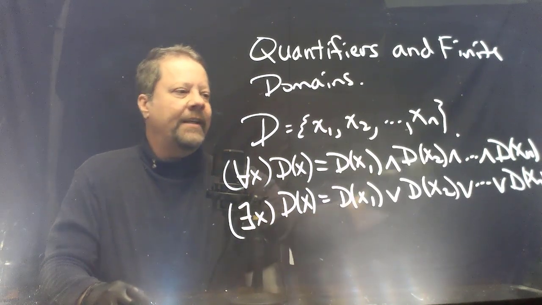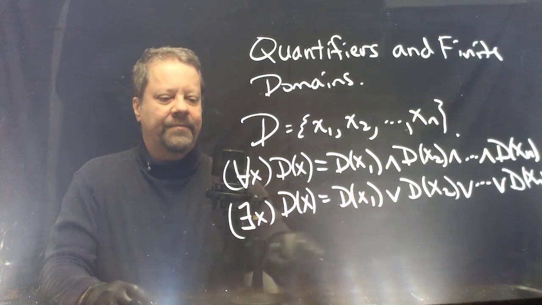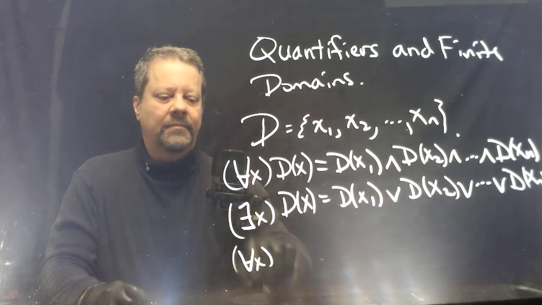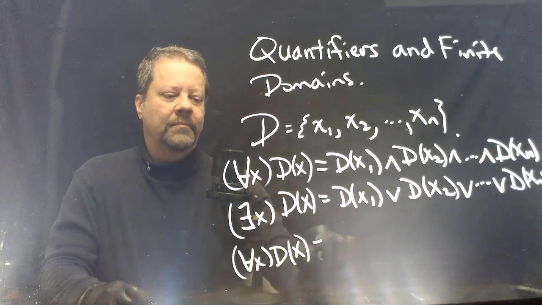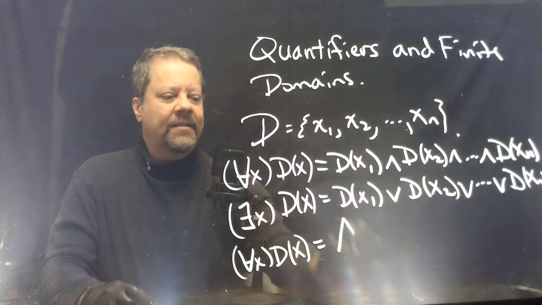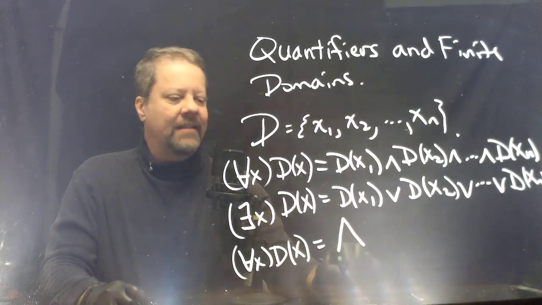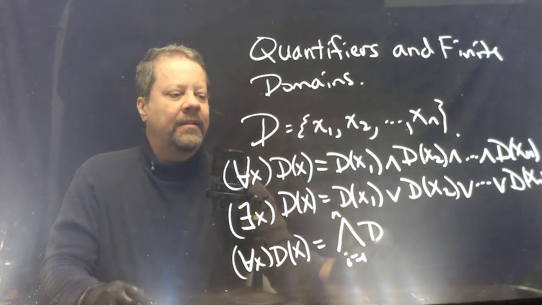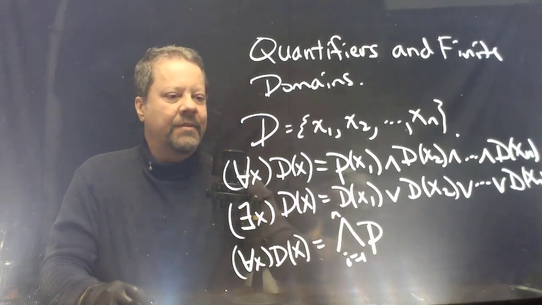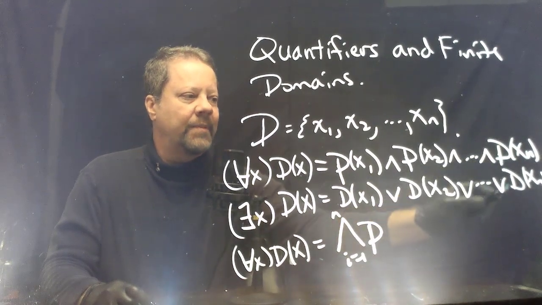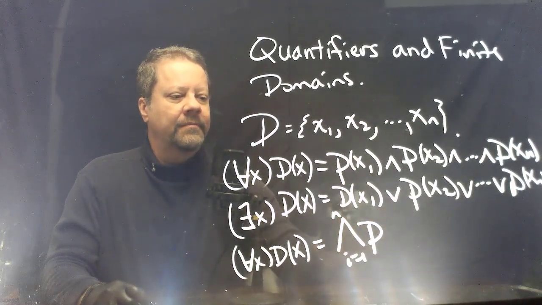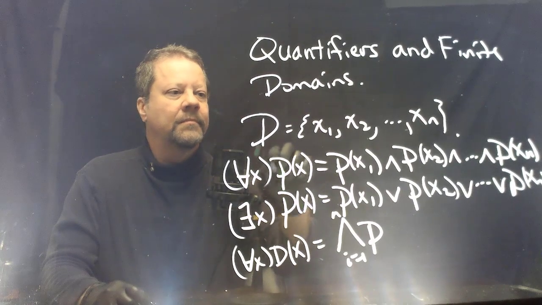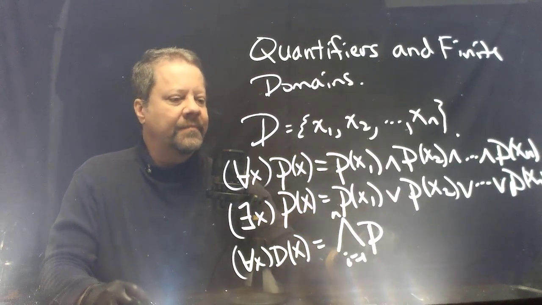Sometimes, instead of writing a big expression like this, we'll write it like this. A big and, where let's say i goes from 1 to n, of p of xi. These are propositions on this domain.